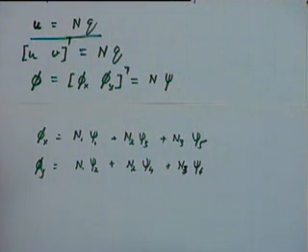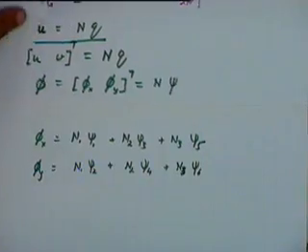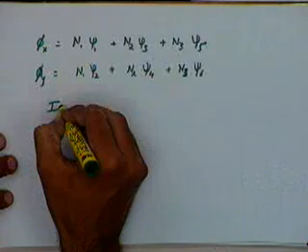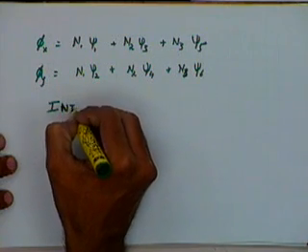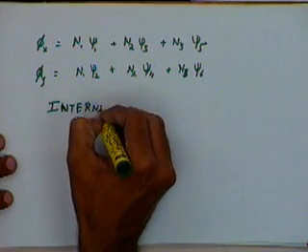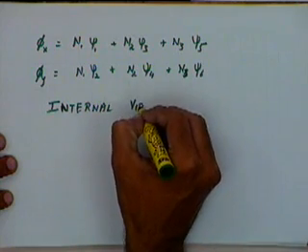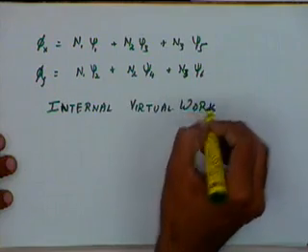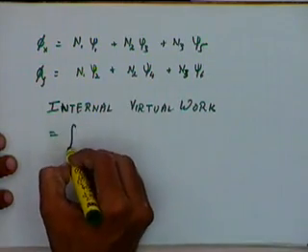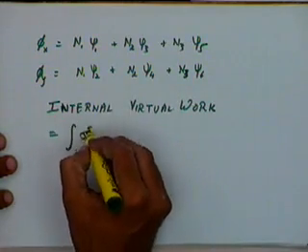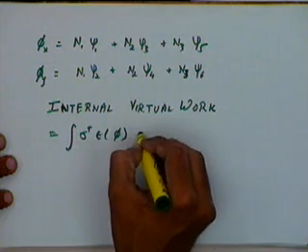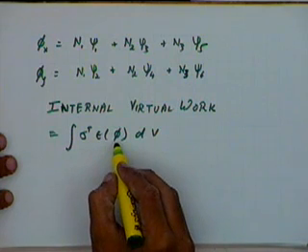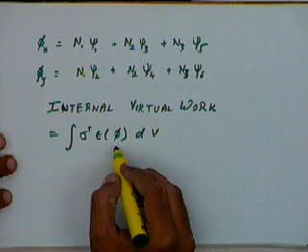If you look at the expression for the internal virtual work done, that is equal to the integral of sigma transpose multiplied by epsilon of phi multiplied by dV, where epsilon of phi is the strain that would be caused due to the virtual displacement.